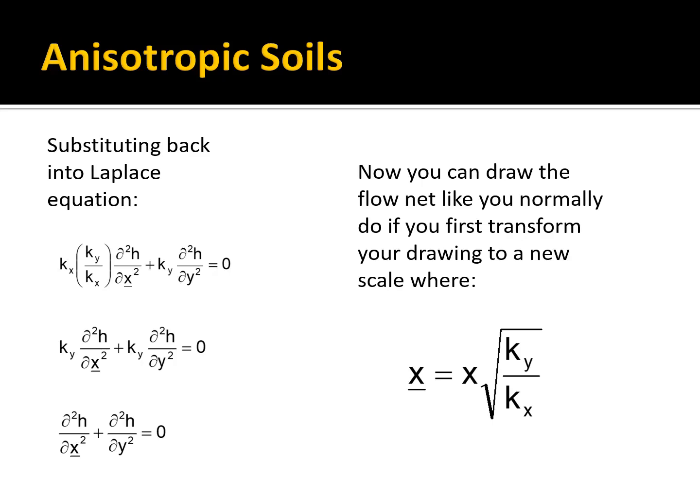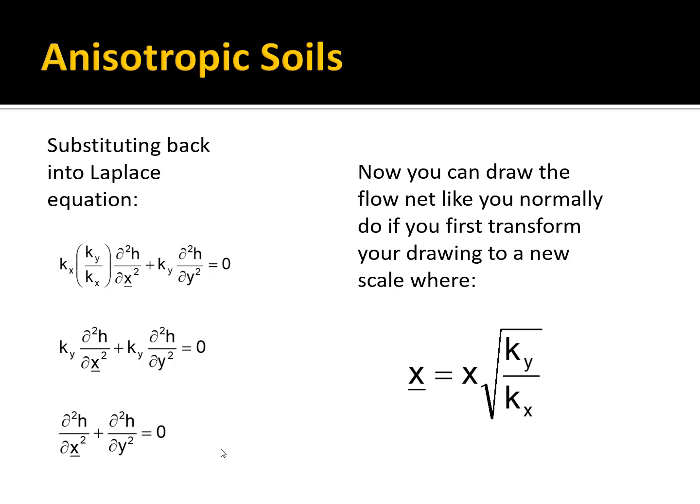And if you plug that back into the Laplace equation, then these kx terms cancel, and you're left with ky and ky, and since those are equal, you can divide by ky, and you end up with this form of the Laplace equation, which is exactly the same as we had before, except now we have the transformed x plus the original y.